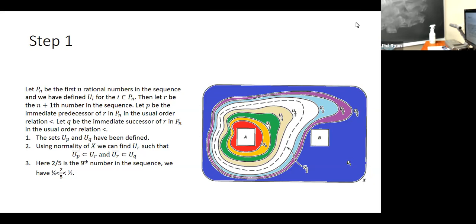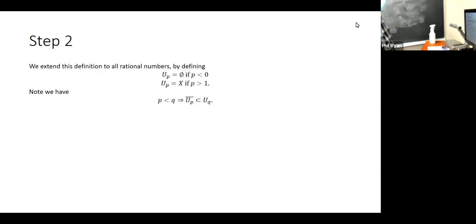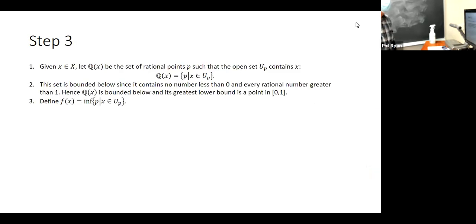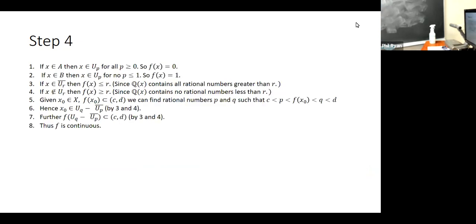U_1 is X minus B. But every U_p with p greater than 1 covers B, because U_p is all of X in that situation. But if it's in every U_p where p is bigger than 1, then the inf is 1. So f of x equals 1 if x is in B.